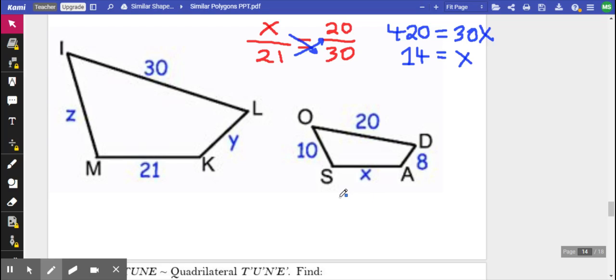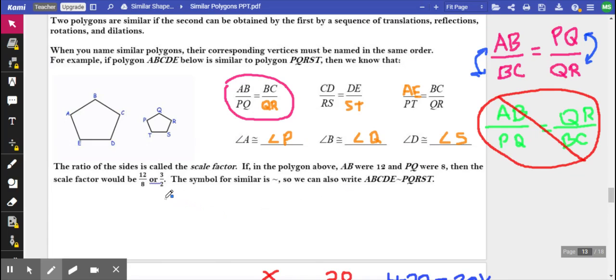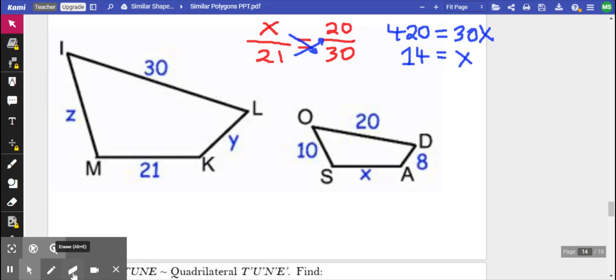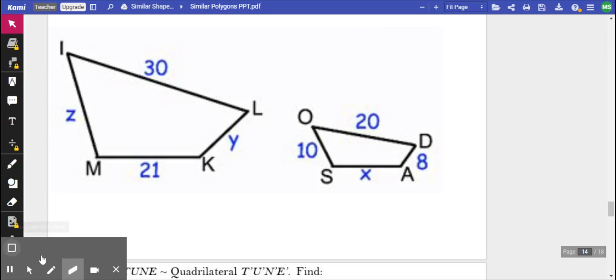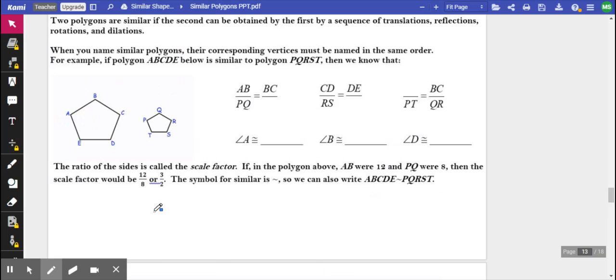But as we saw in our last slide, we could take big over small and divide and get a scale factor instead. So if we did that instead of just solving a proportion, it would look a little bit different. So let's start over, and we know that x we just found was going to be equal to 14, so we'll keep that in that answer. But basically, we would just take our 30 over 20, similar to how we did the big over small, 12 over 8.